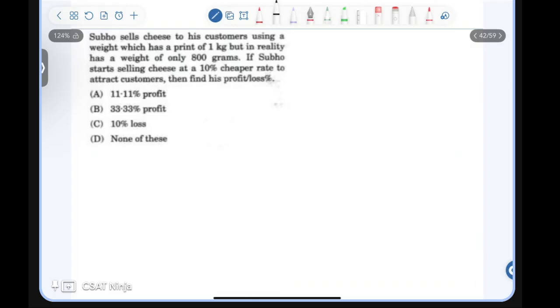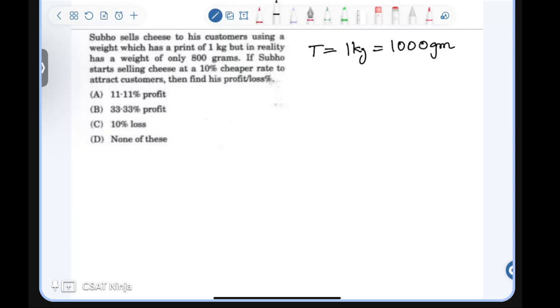Okay, let's try to understand this question. Subho sells cheese to his customer using a weight which has printed 1 kg. True weight is 1 kg, which is 1000 gram.